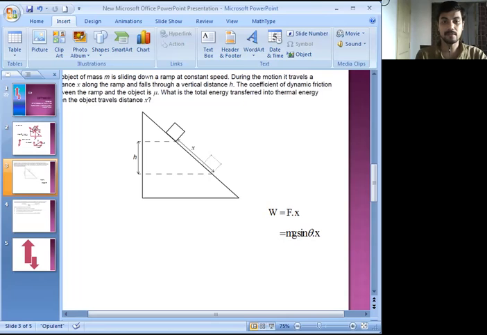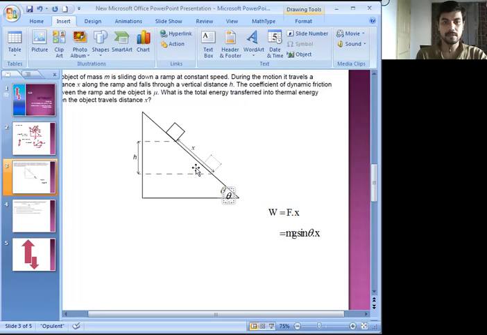Now, if I try to find it in terms of the angle, just take a look. This angle is our theta, let's say. This angle, I hope you can see it. So this angle is theta. So is this angle.